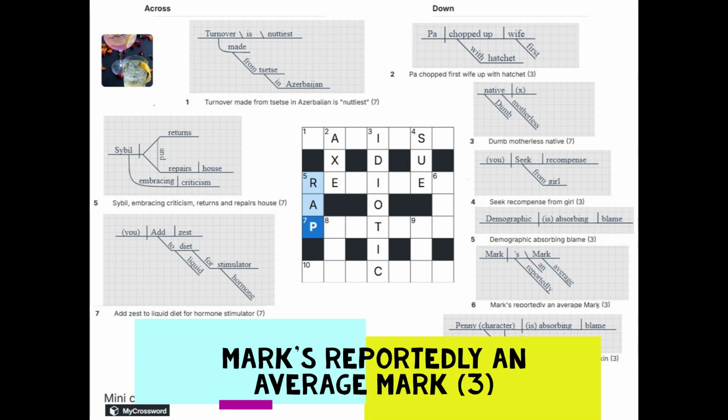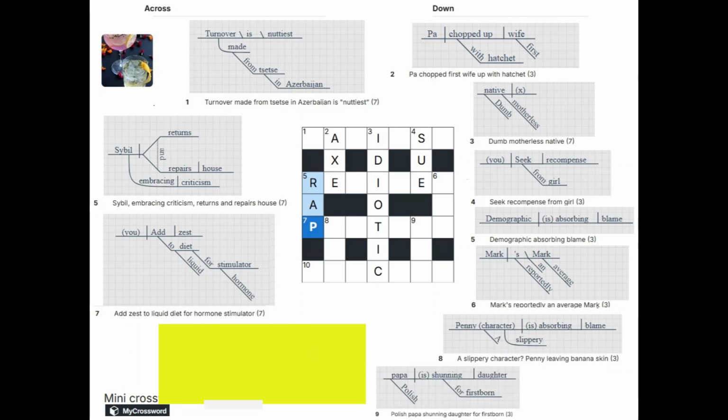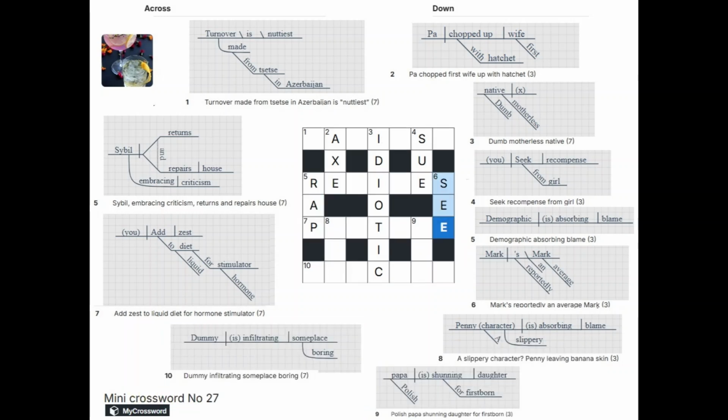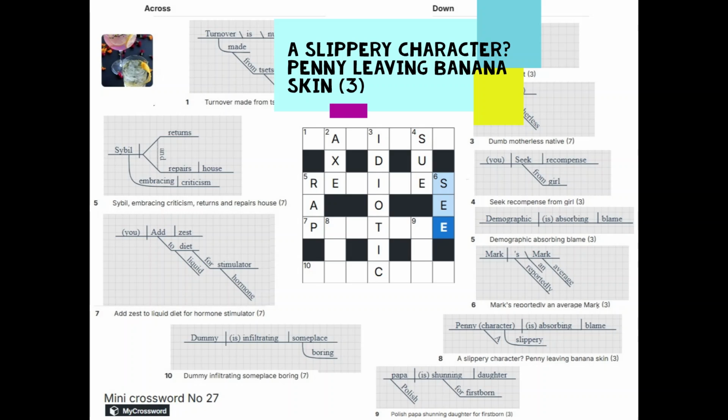The answer here is C, S-E-E, and one way to see something is to mark it or to make note of it. And an average mark or an average grade is a C. And reportedly is a homophone indicator saying that the answer is something that sounds like C, and S-E-E does sound like the letter C.